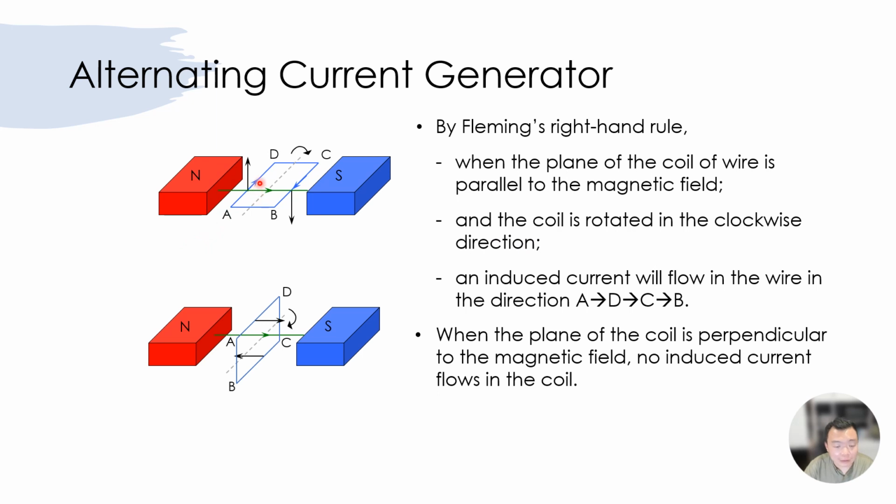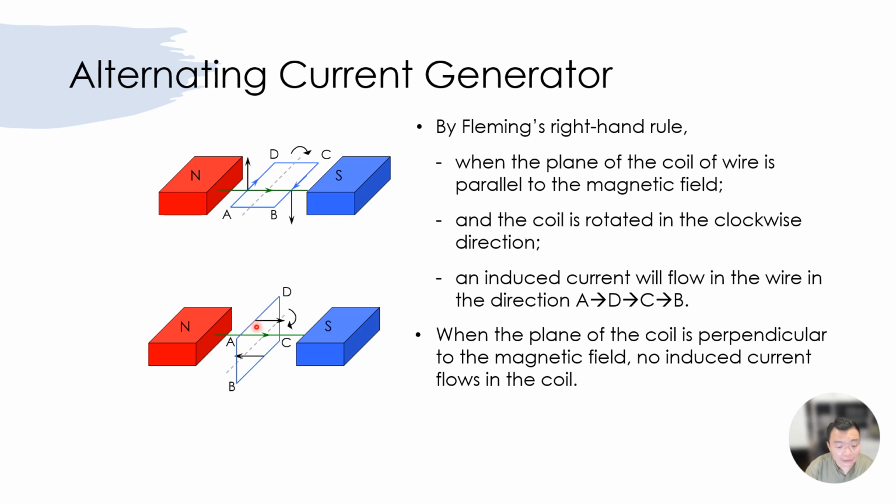So when the coil is here, parallel to the field lines, the wires AD and CB are cutting the magnetic field lines. Literally, they are cutting many magnetic field lines. And therefore, since there's a cutting of field lines, there is induced current generated in AD and CB, as what Fleming says in his right-hand rule. But when the coil is perpendicular, it is like moving along the field lines.